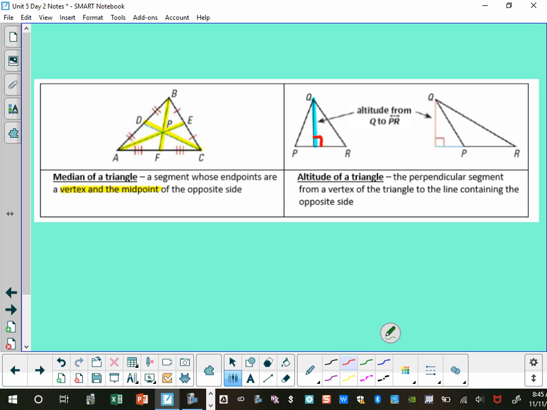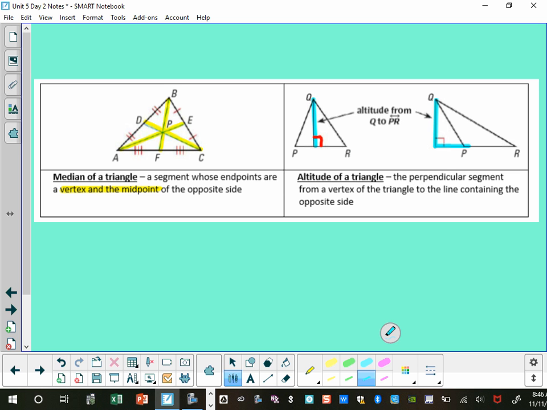Your altitude goes from straight up to straight down. It doesn't matter if, in the second example here, my vertex is angle Q over there, I can still draw my altitude straight down and extend my triangle. Your altitude creates a perpendicular angle.